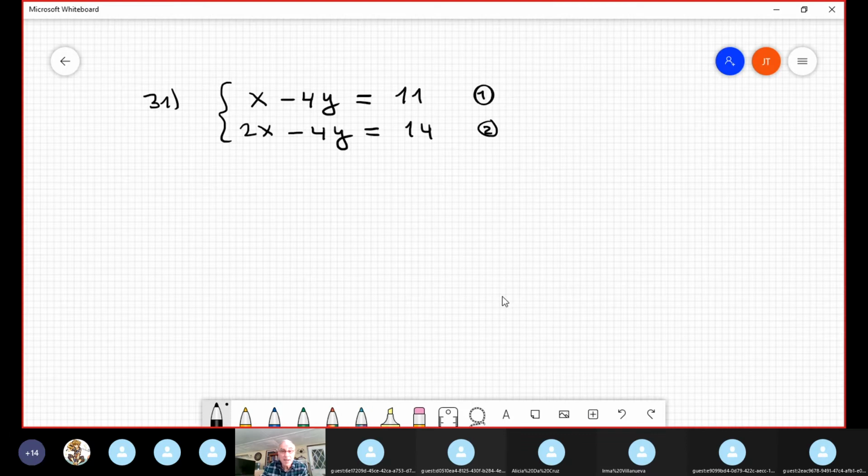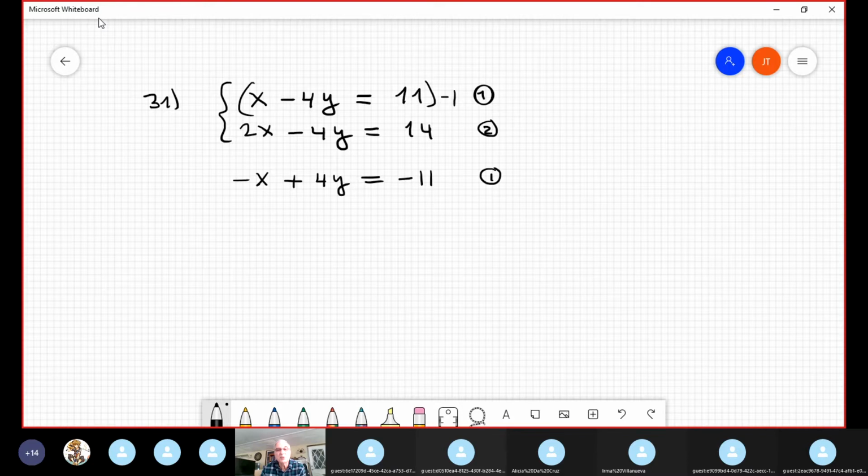In this case, I propose, remember, I take advantage of the 4, the same number, but I also need opposite signs. I need one positive and one negative, so I multiply the entire equation number 1 by negative 1. So we have minus x plus 4y equal negative 11.